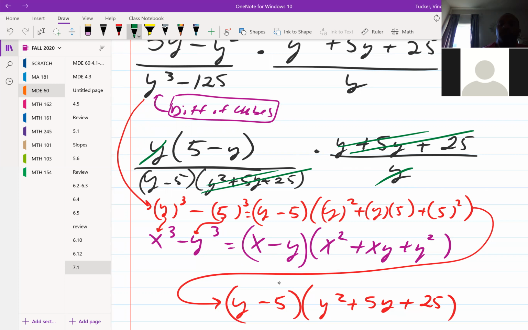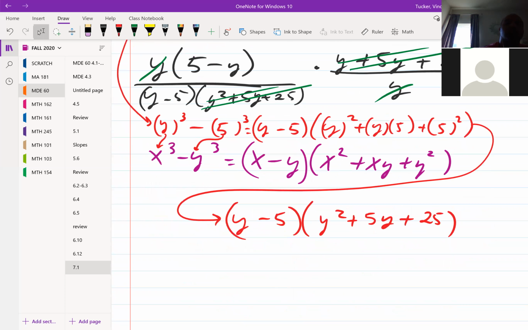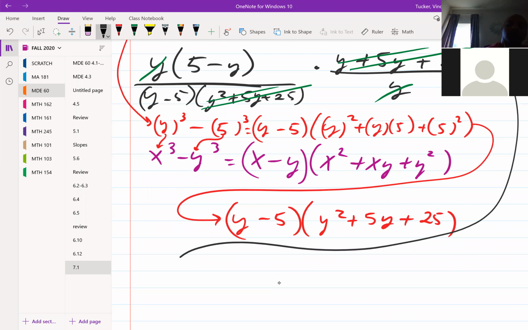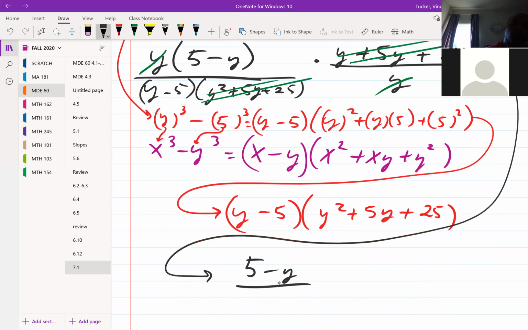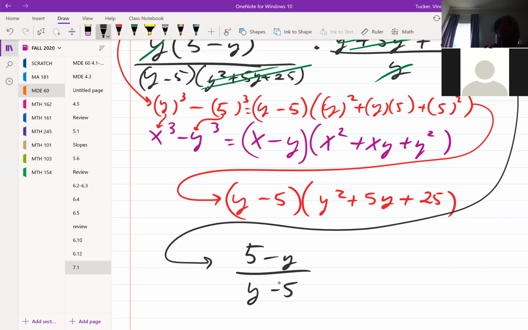And what we're left with now is 5 minus y over y minus 5. Now be careful, they aren't the same. They can't cancel in the form that they're in. If you were to rearrange your terms and put in y first, that would be negative y plus 5. So they aren't the same.